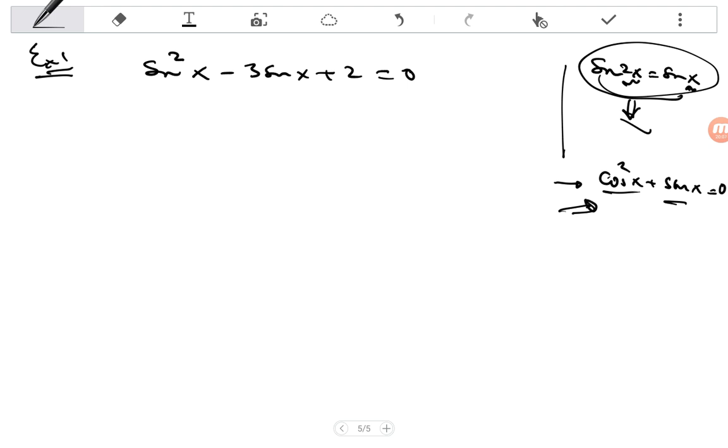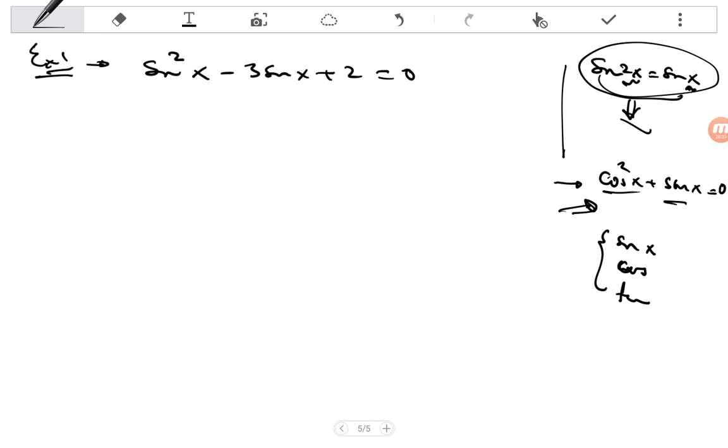No, I can't start an equation like this. We must make the whole equation in terms of just one trigonometric function. Either make it all in terms of sine, all in terms of cosine, or all in terms of tan. You may use any of these to express the equation in just one of the trigonometric functions.